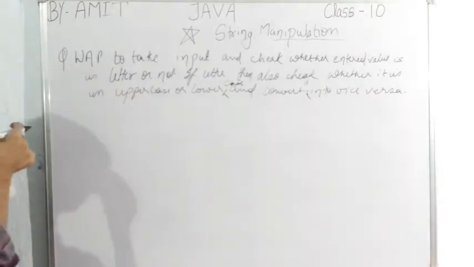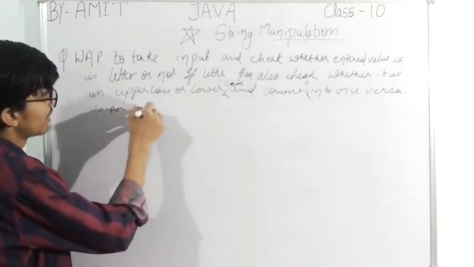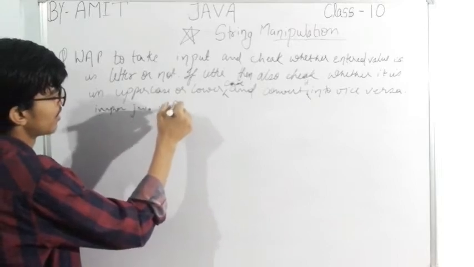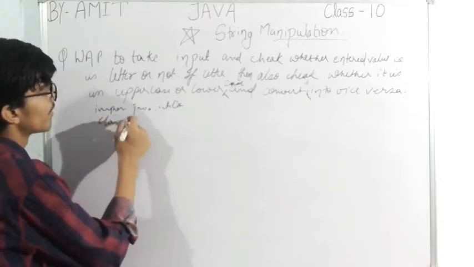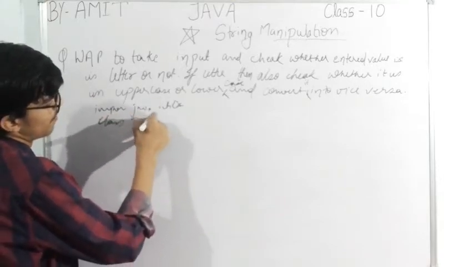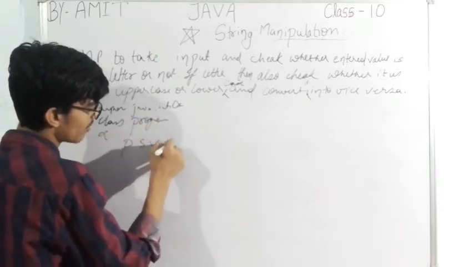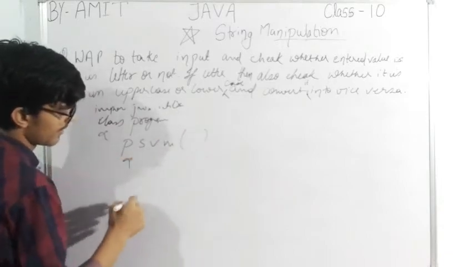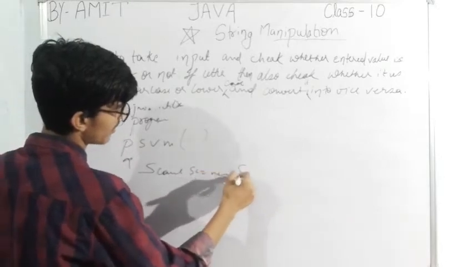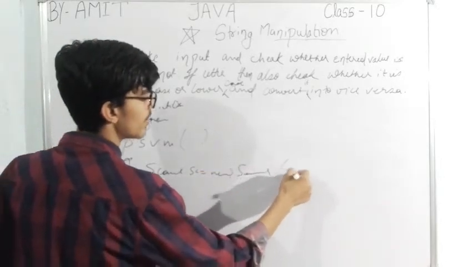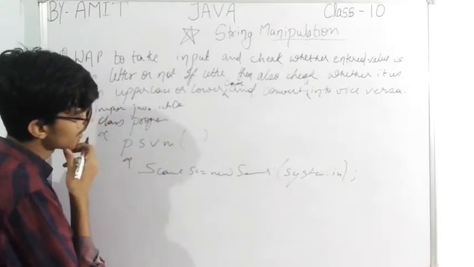So we'll write import java.util.*, class, public static void main(String args), Scanner sc = new Scanner(System.in). After this, what will we write?